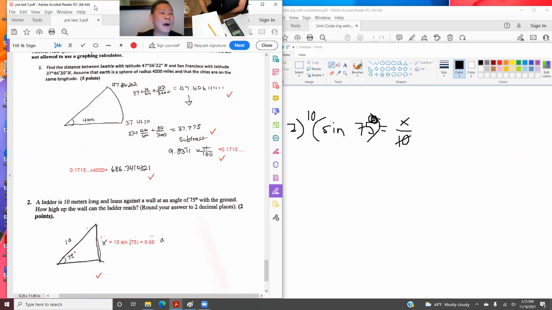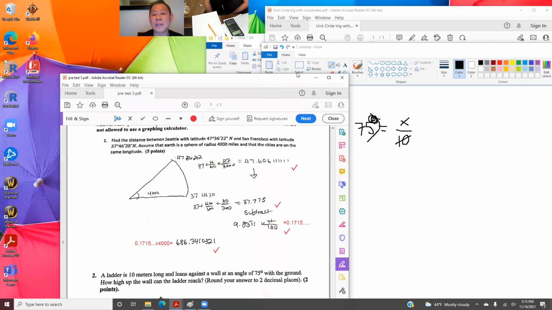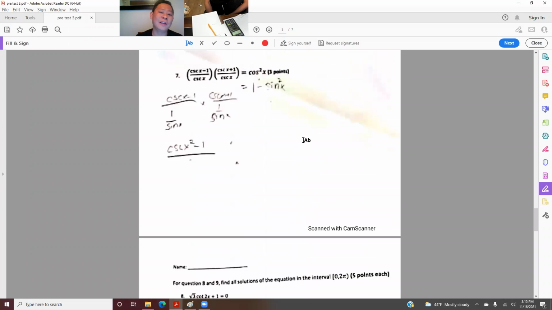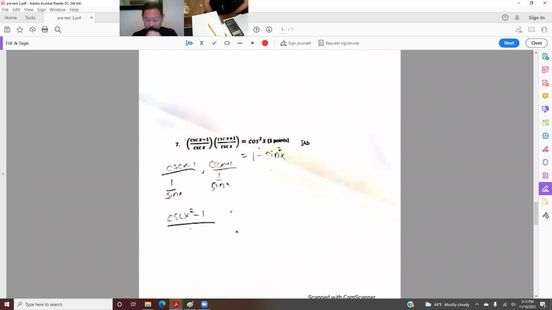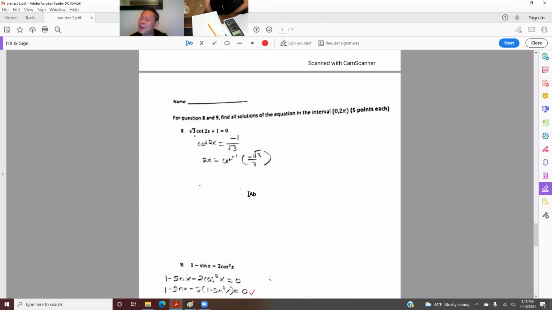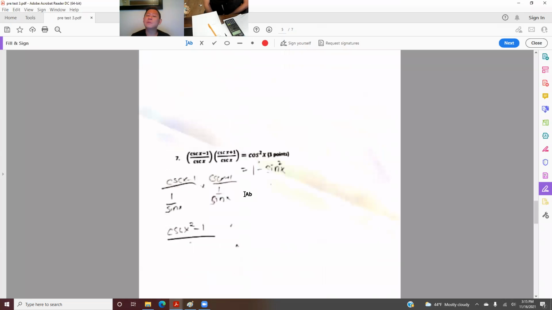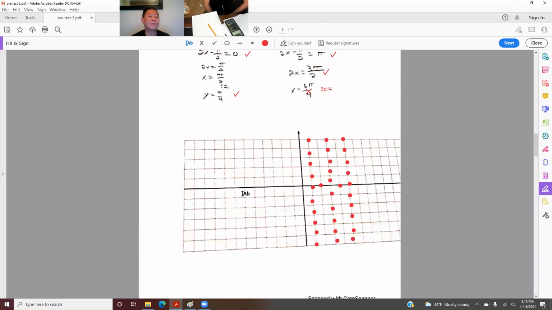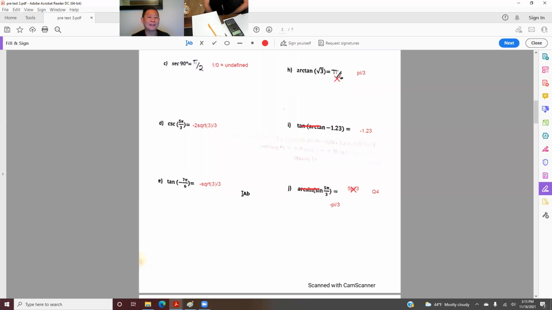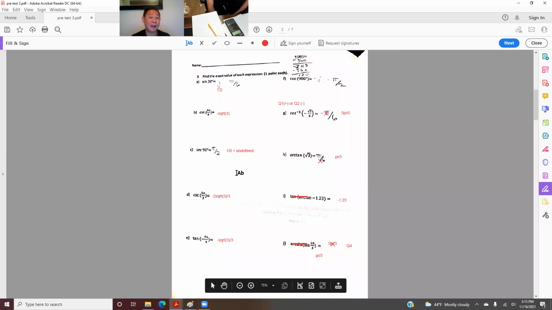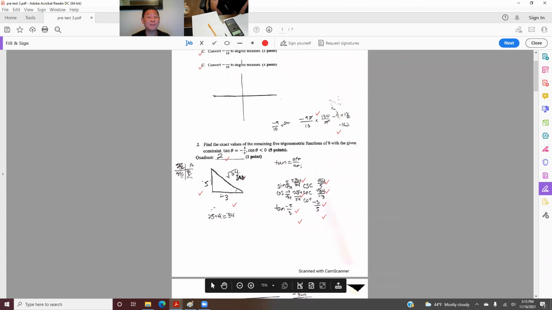So what I'm looking at is that you need to practice, Calvin, definitely proving identities. The solving part, I think you can manage a little bit. This one you kind of gave up. Graphing is also the other one that I will point out, and also this page, the easiest one. But the rest looks good.